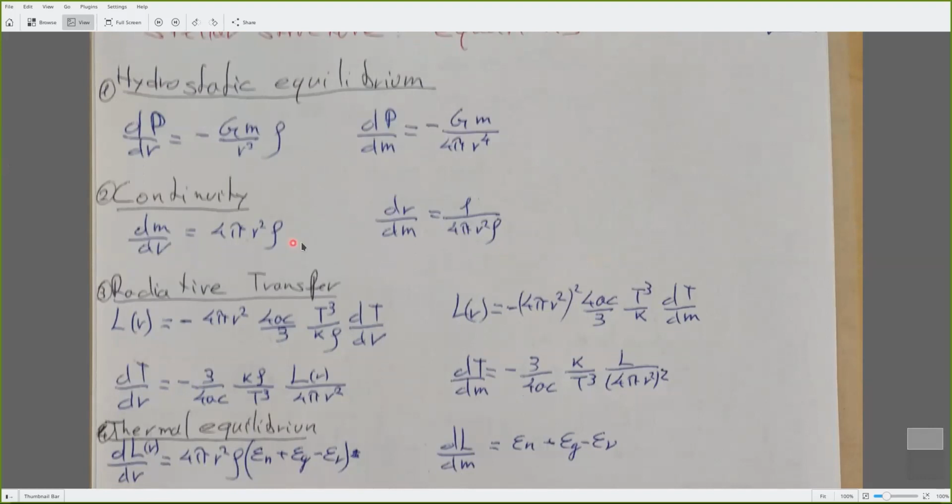The four main equations are the hydrostatic equilibrium in the two forms, Eulerian and Lagrangian, and continuity. Hydrostatic came from the motion, so no motion: the term for the acceleration is 0.